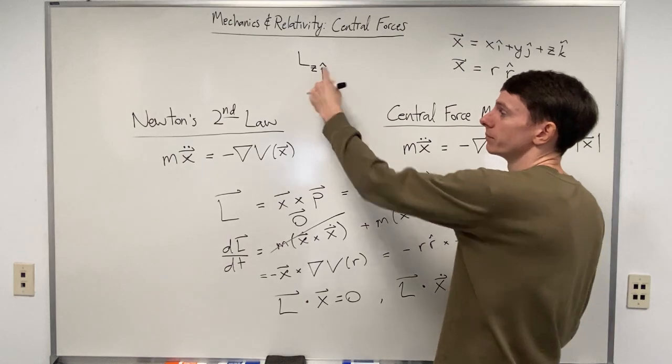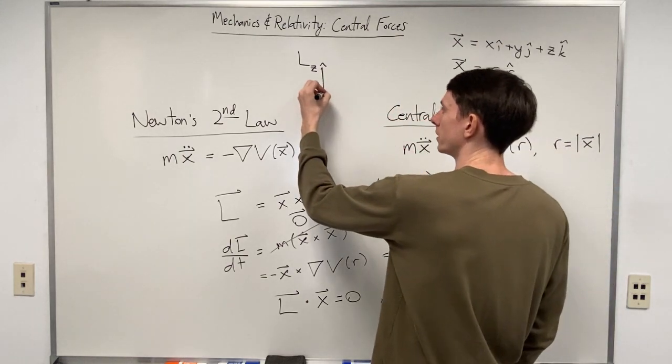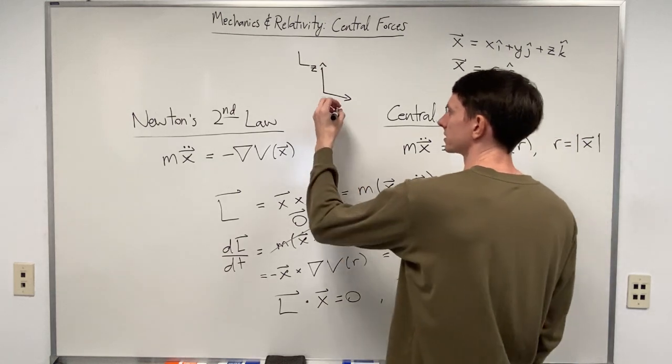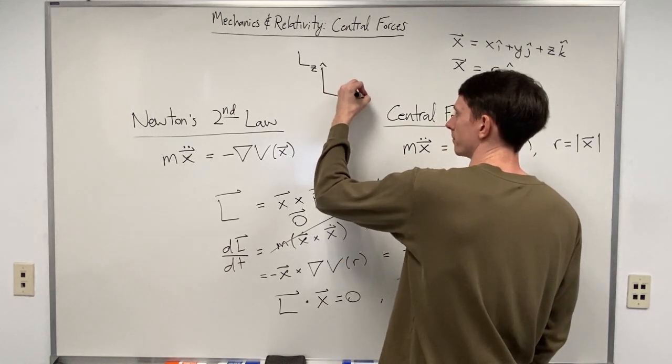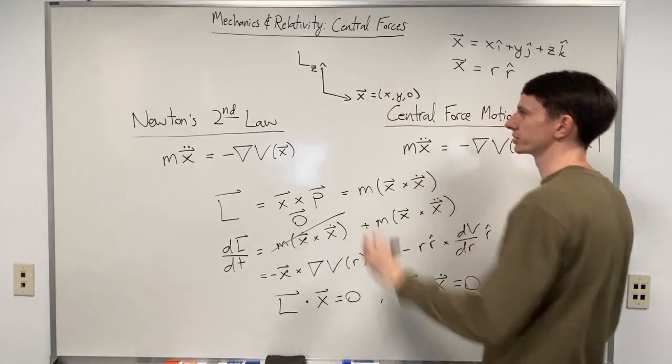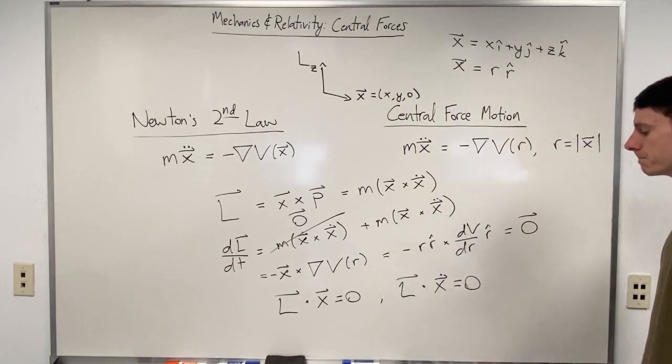It can't have a z component in order to be orthogonal to it. So if I draw x like this, x is going to have some x component, a y component, and then 0 for its z component.